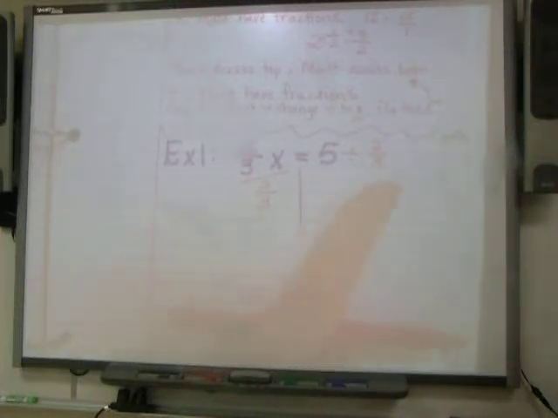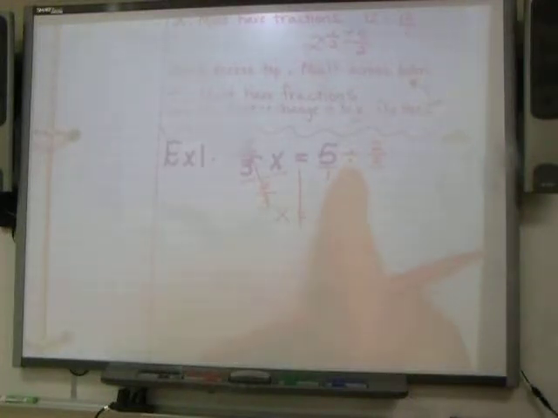What I do to one side, I have to do to the other. This reduces down to 1x. So I've isolated that variable on the left side. And now I have to do the problem that's on the right side of the equal sign. This is not a fraction, so I put a 1 under it. So now I have fractions.